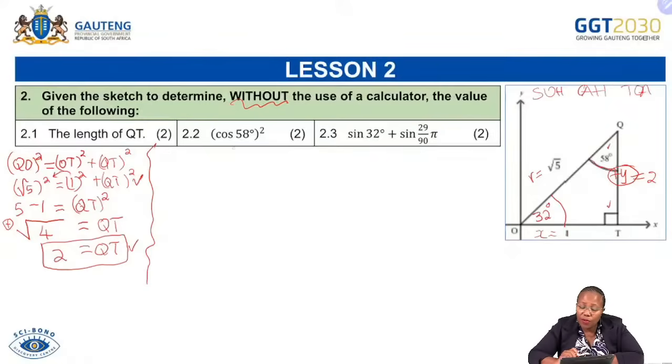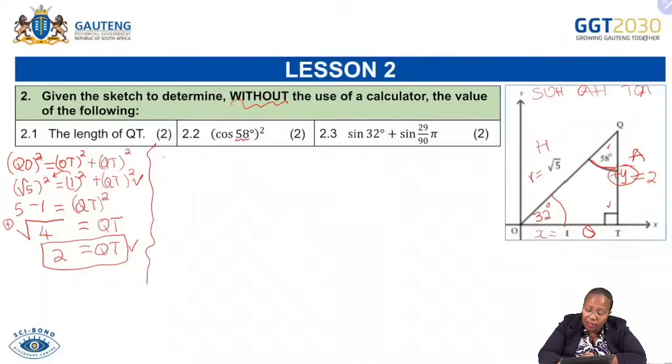And then now when you look at cos, cos is adjacent over hypotenuse, but you are sitting at angle 58. So to 58, this will always be hypotenuse, it's fine. And then this one is the adjacent, and then this will be your opposite side if we talk to 58, right? And then now we are looking at the adjacent over hypotenuse.